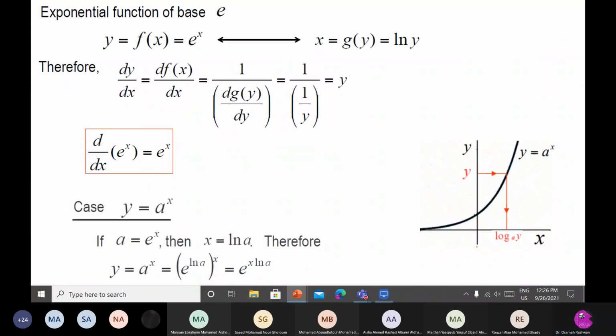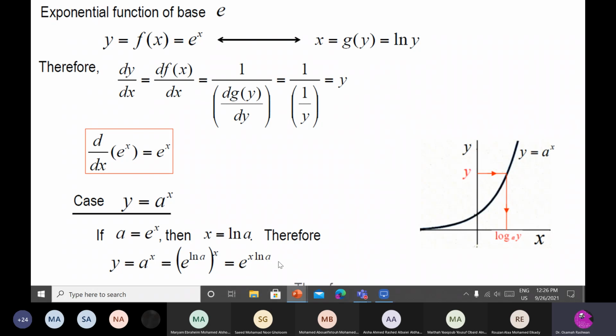Remember, when you differentiate the log, you divide by ln a. But when you differentiate a to the x, you multiply by ln a. This is the difference, because they are inverse functions. So in the derivative of logarithm to base a, you divide by ln a. When you differentiate a to the power x, you multiply by ln a.